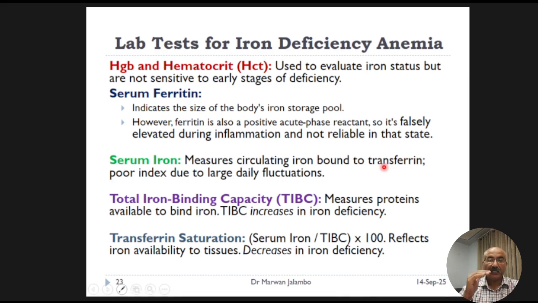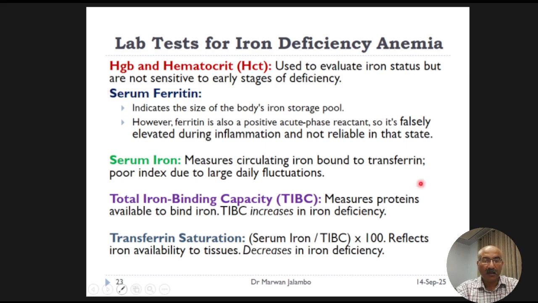So serum ferritin is an excellent indicator of the body's iron storage pool in healthy individuals. However, because ferritin is also a positive acute phase reactant, its level is falsely elevated during inflammation, making it unreliable in patients with anemia of chronic and inflammatory disease.